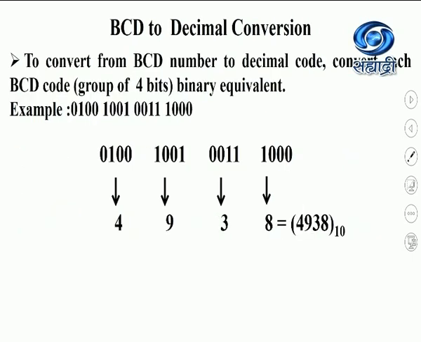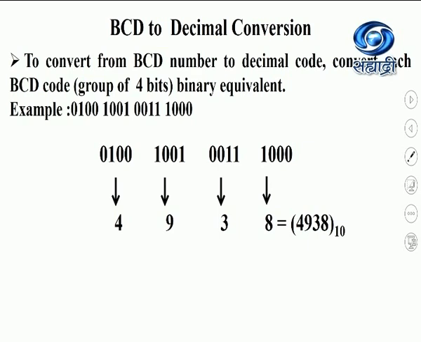Let us see the new topic, that is BCD to decimal conversion. To convert from BCD number to decimal number, convert each BCD code group of 4 bits to its decimal equivalent. So here is one example: 0100, 1001, 0011, 1000.